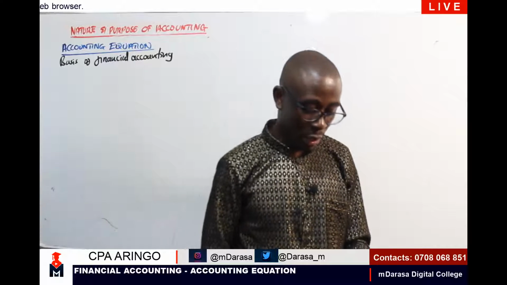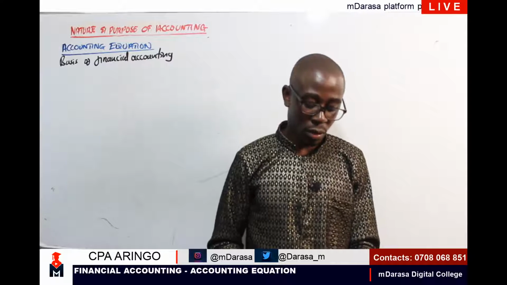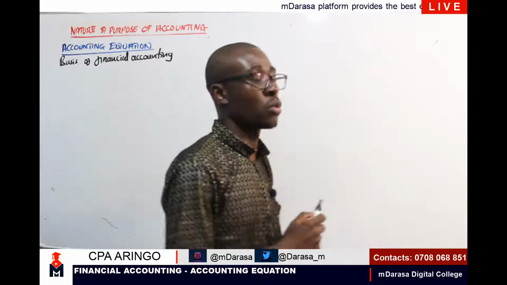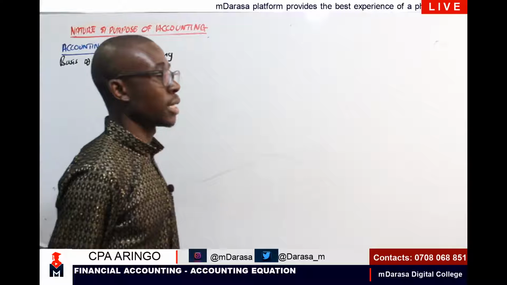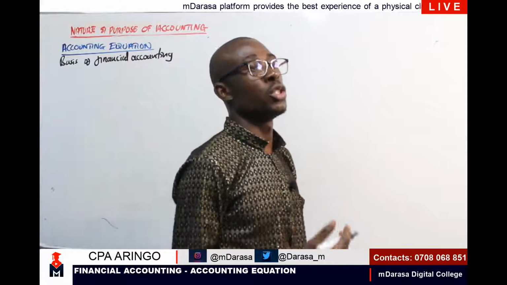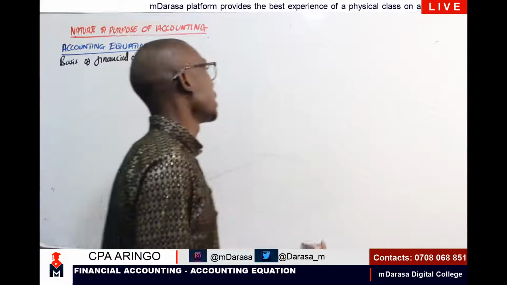Many a times it will be very key that we understand these items. Once you have this accounting equation, I can confidently state that we are now being introduced to financial accounting clearly.